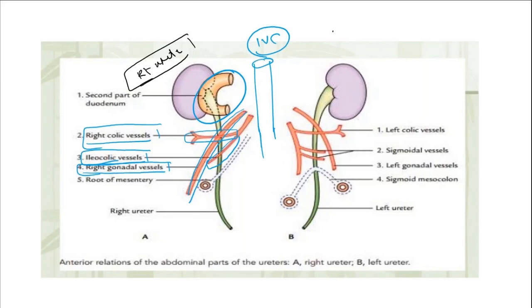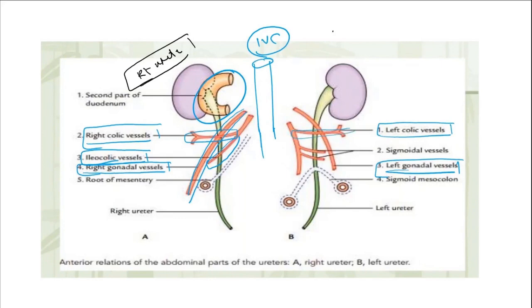Now, if we talk about left ureter, again, left ureter is also crossed by left-sided gonadal vessel, testicular and ovarian vessel. This is also crossed by left colic vessel.